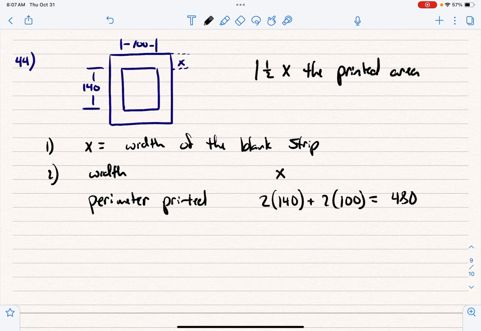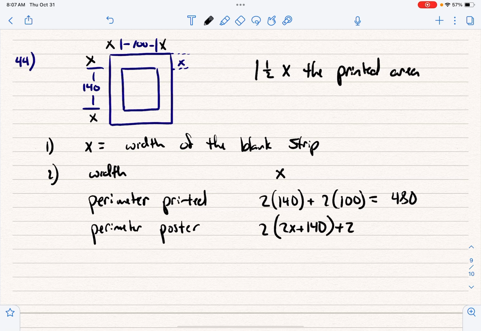And for the perimeter of the poster, now we've got to add x on both sides of the 140 and on both sides of the 100. So we get 2 times 2x plus 140 plus 2 times 2x plus 100. That's the perimeter of the entire poster.